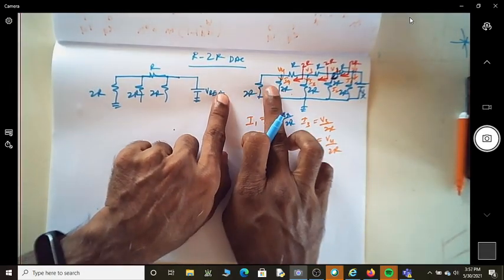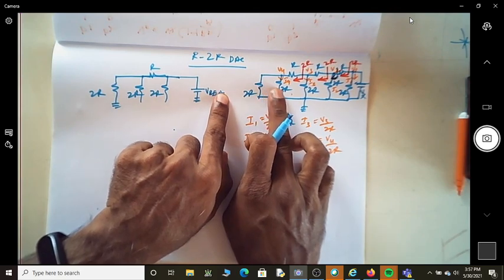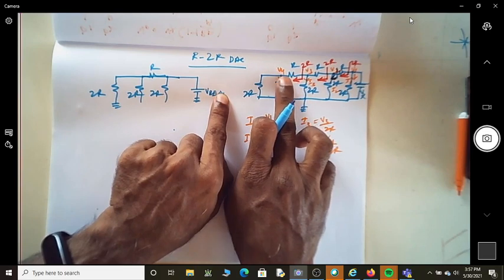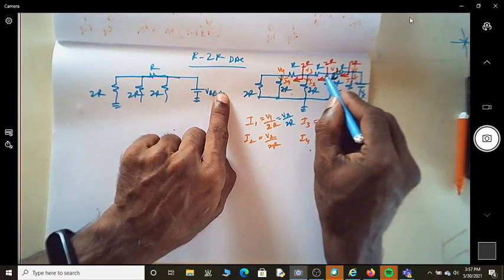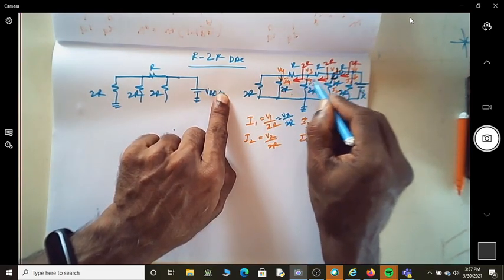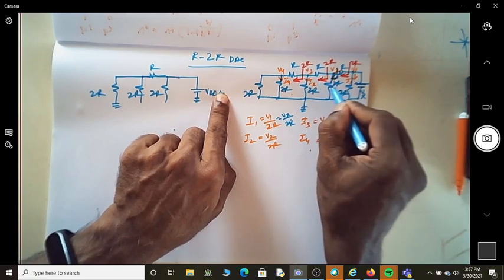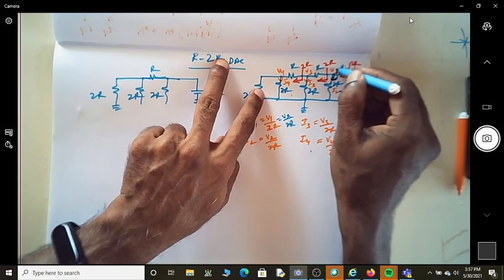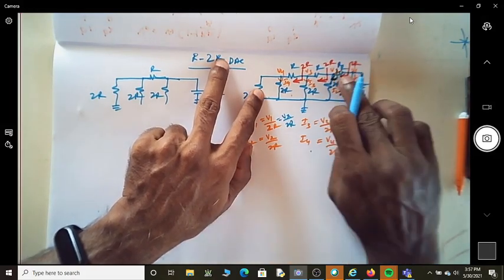Now can you say this is R and R, 2R coming in parallel will become R, and then that in series which will become 2R. And if you see here, is the resistance looking towards this is 2R, that 2R coming in parallel with this 2R, will it become R? So is the resistance looking from here equal to R here?